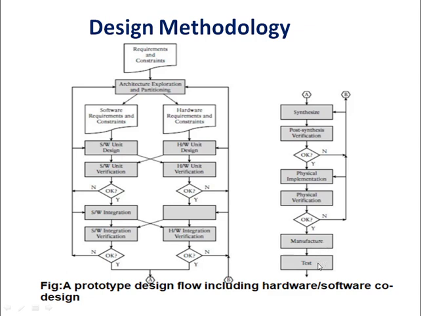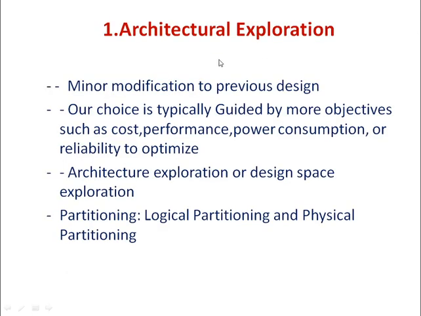After manufacturing, we again have to test each system and it should be released to the market. This is how we can explain this flowchart of the design methodology in brief. Let me go to the next, architectural exploration, right?